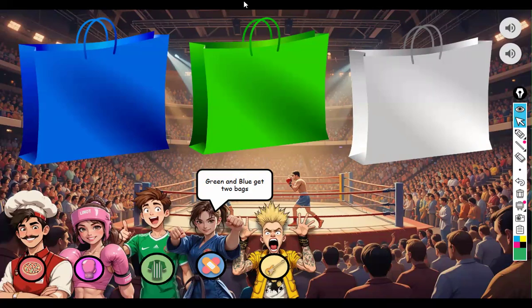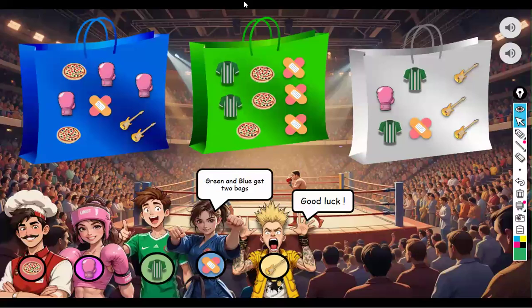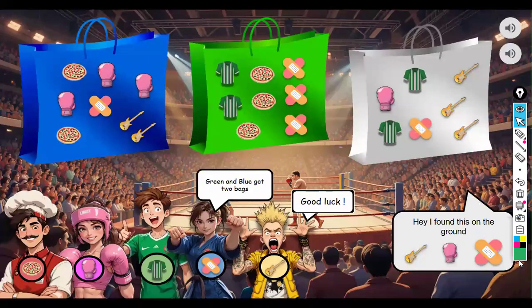Wish you the best. Three people on six. Oh, and one person on seven. I wonder if there's some extra. Oh, and somebody, if you look on the right-hand side there, somebody found this on the ground. A guitar, a glove, and a band-aid. So I hope that helps you all too. Eight. Somebody on eight.